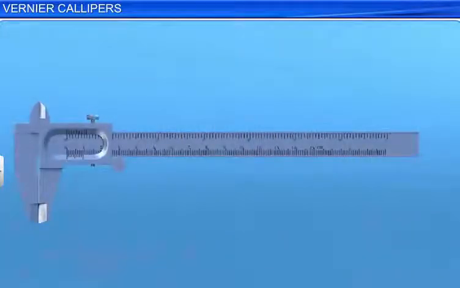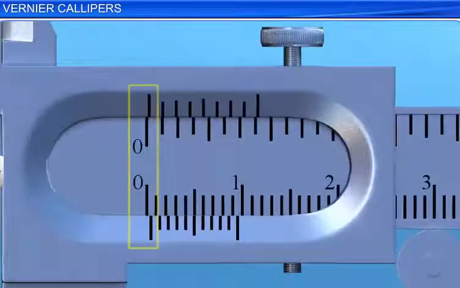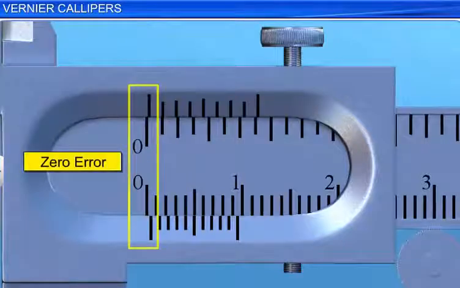In this condition, the tail of the vernier calipers just touches the end of the main scale strip. If the 0 on the main scale does not coincide with the 0 on the vernier scale, then the vernier calipers is said to have zero error.